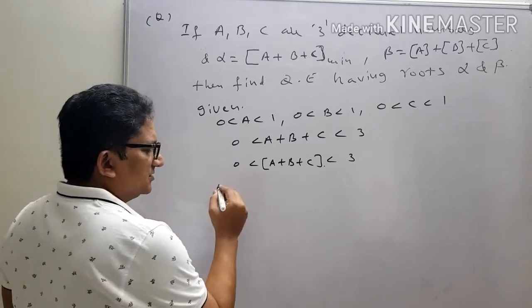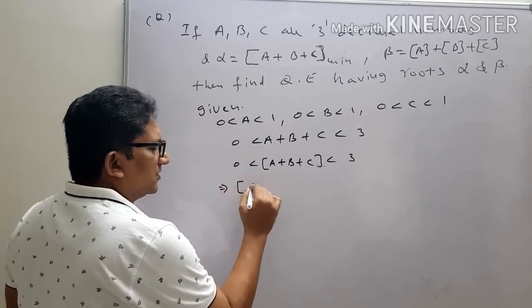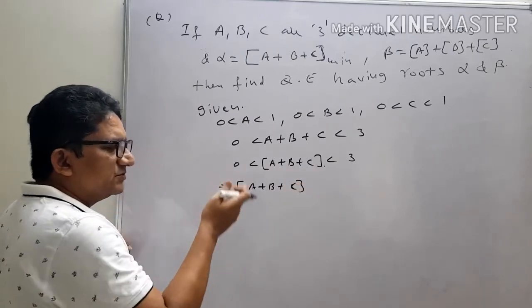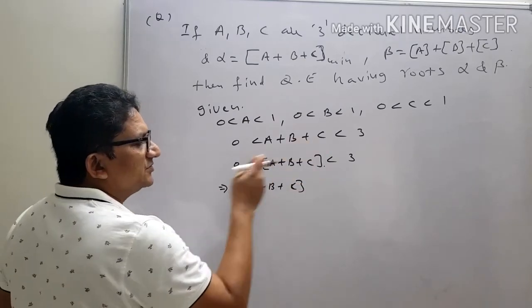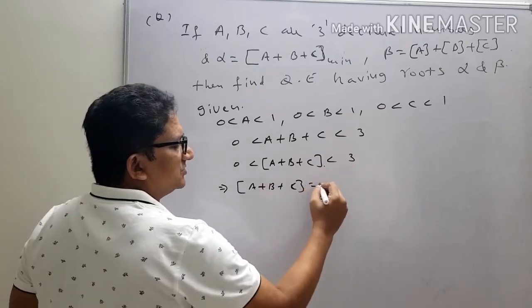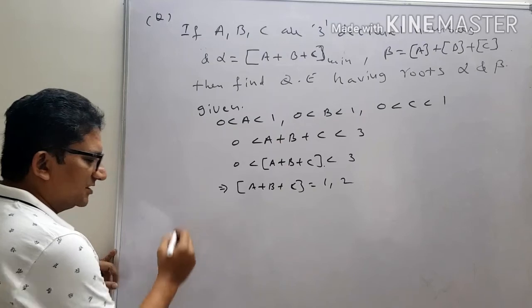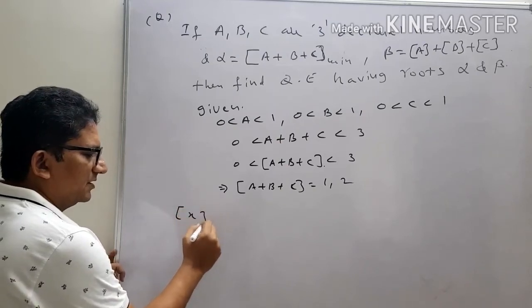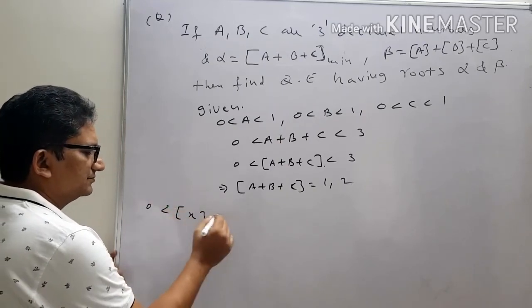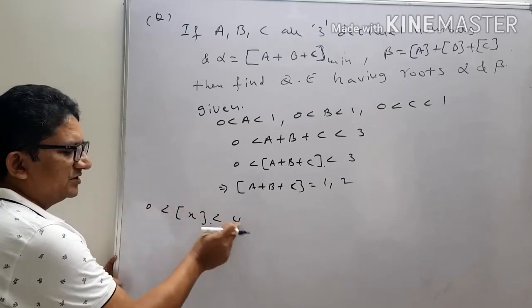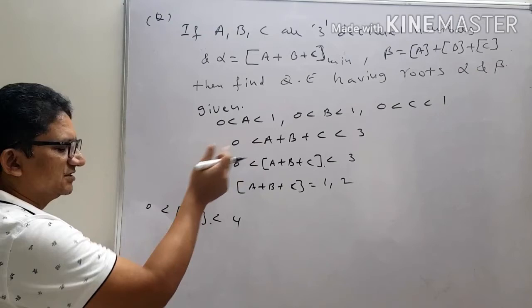So what are the possible integers between 0 and 3? The possible integers are 1 and 2. If this point is not clear, students, observe carefully. If you have [x] lies between 0 and 4, we know that [x] is always an integer.